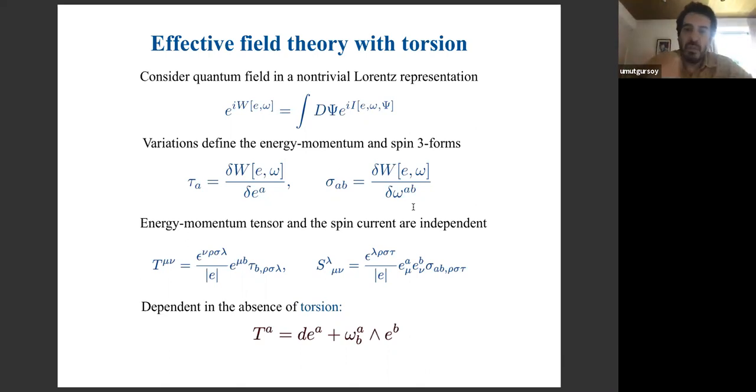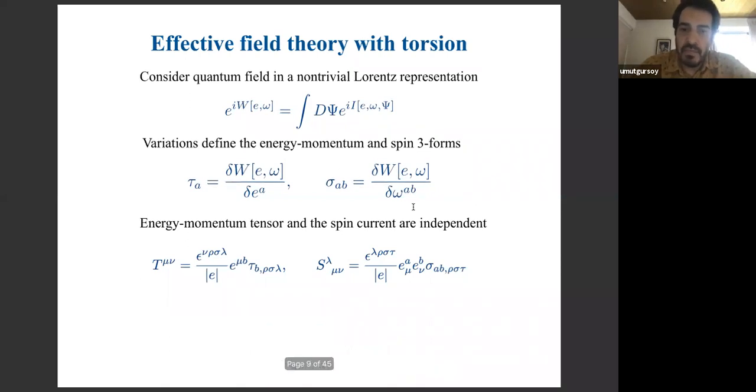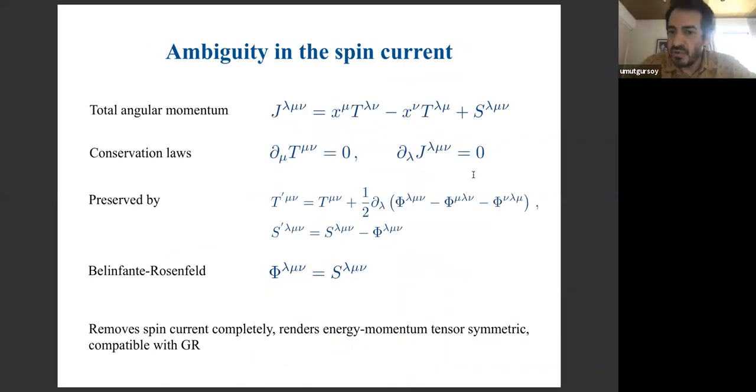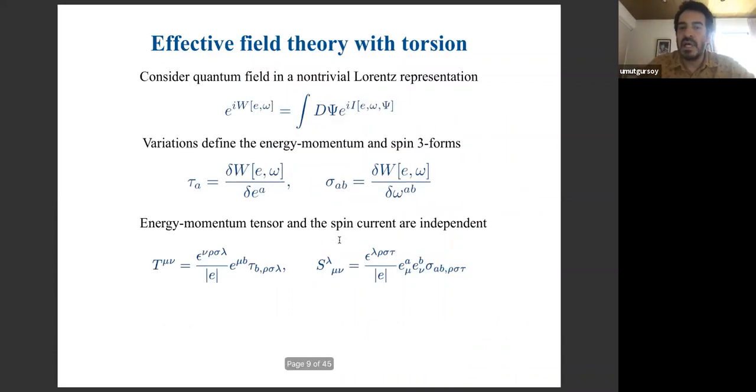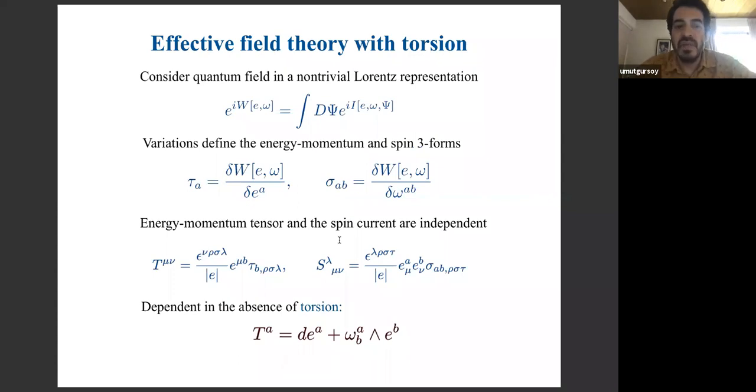So the energy-momentum tensor that you define by varying the effective action with respect to the vielbein picks up a term where phi is given by S. That combination appears essentially because we demand absence of torsion.